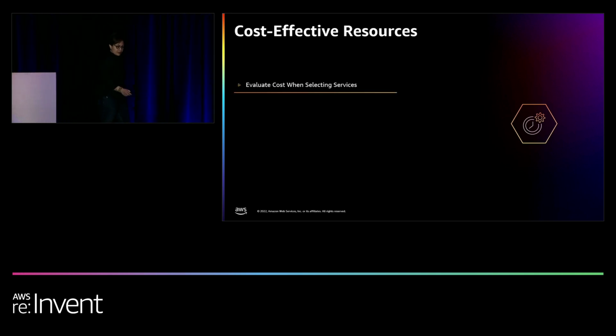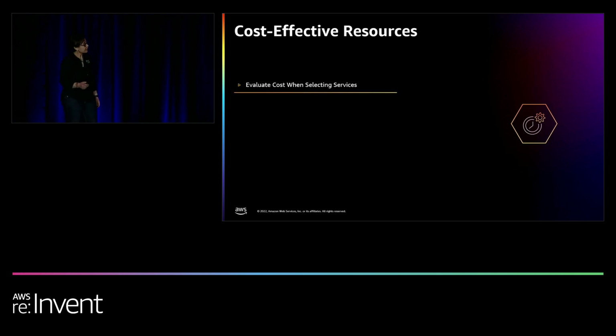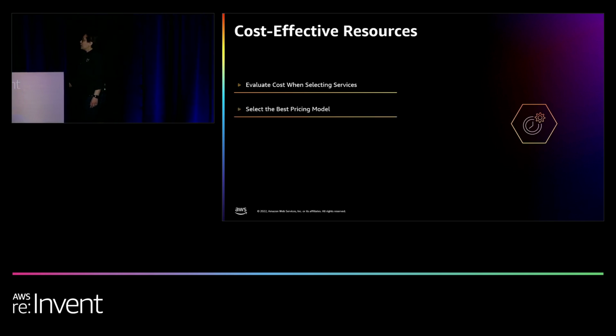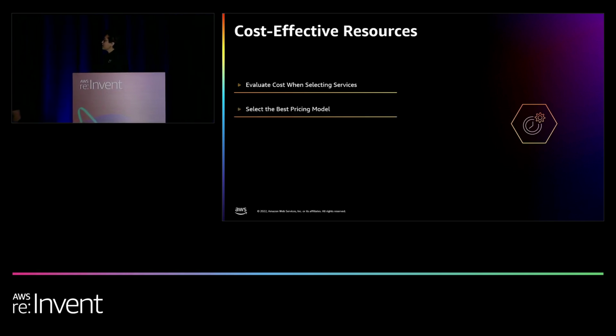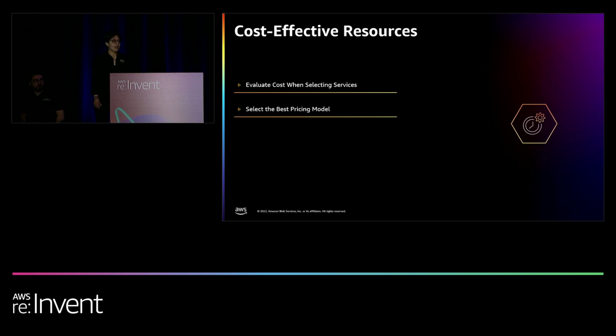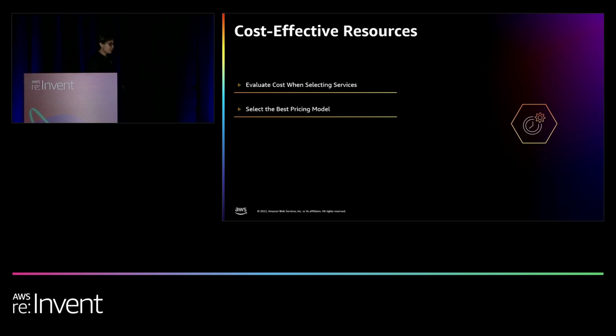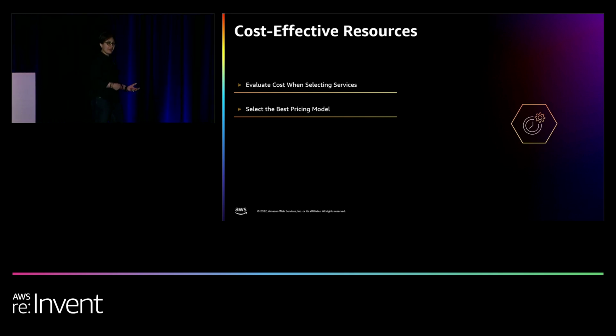All right. The second thing here is to select the right pricing model. And AWS offers multiple pricing models to match organizational needs when it comes to financial requirements and also usage patterns. So AWS offers On-Demand, which most customers use by default.